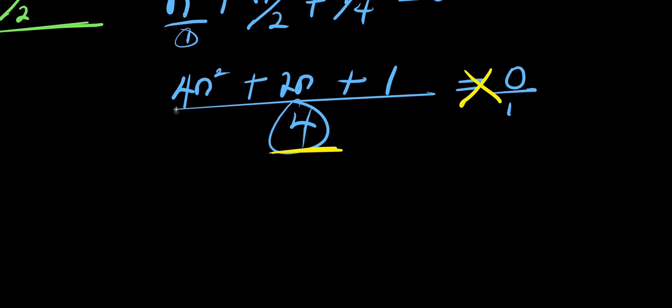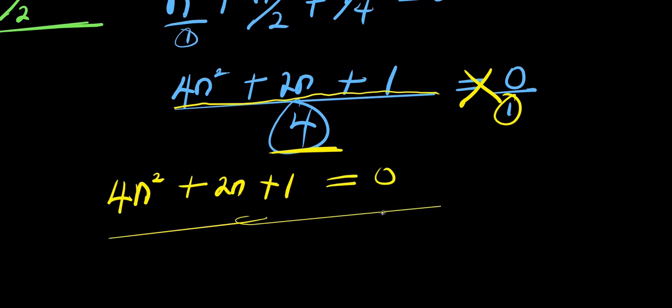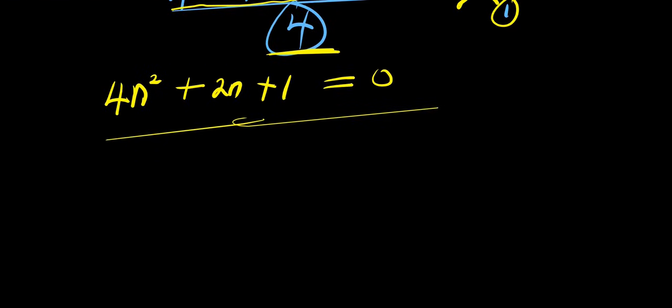And the 4n squared plus 2n plus 1 will multiply 1, giving us 4n squared plus 2n plus 1, and this equals 0. So right now, I need to solve this equation. We are going to solve this using the formula method.